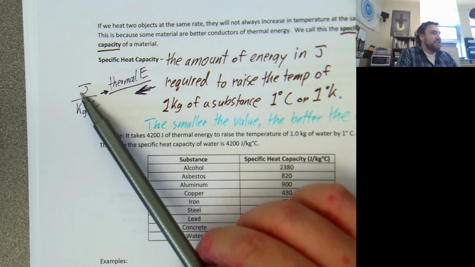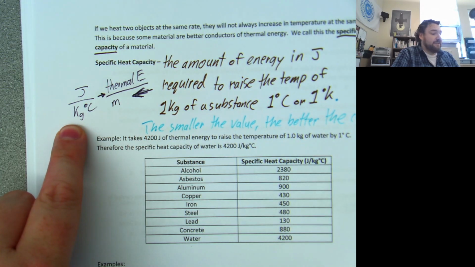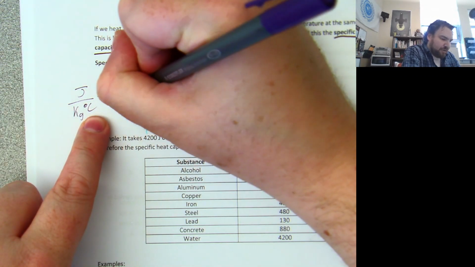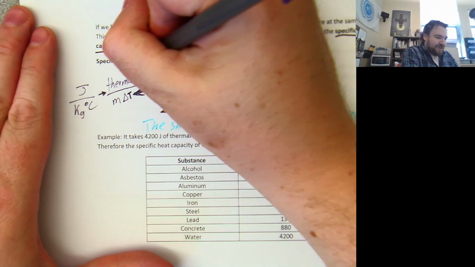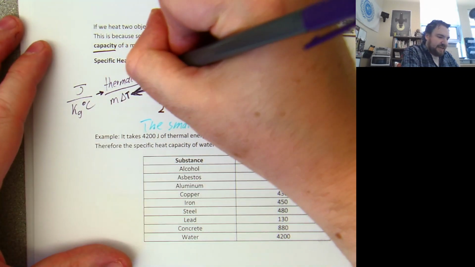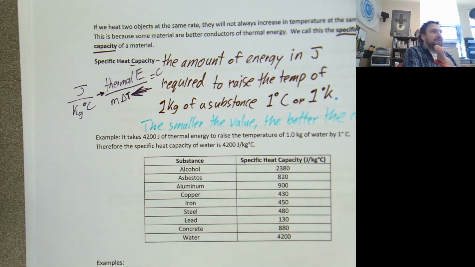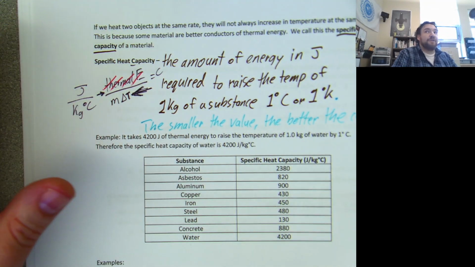So thermal energy is in joules, divided by kilograms, that's a mass. Degrees Celsius is a change in temperature, big T. Now we have to give this a name. Specific heat capacity needs a letter to represent it. This is a capacity, so let's call it C. Let's have a very specific letter for thermal energy.